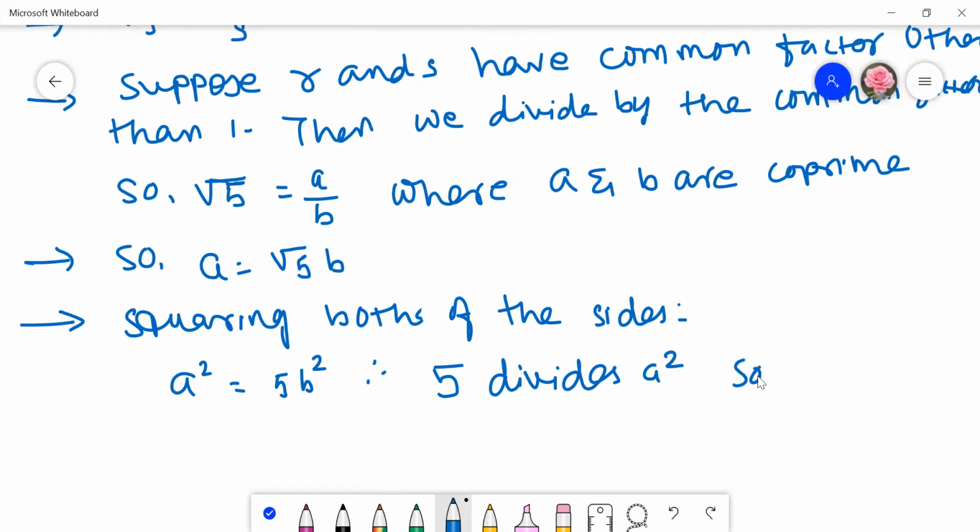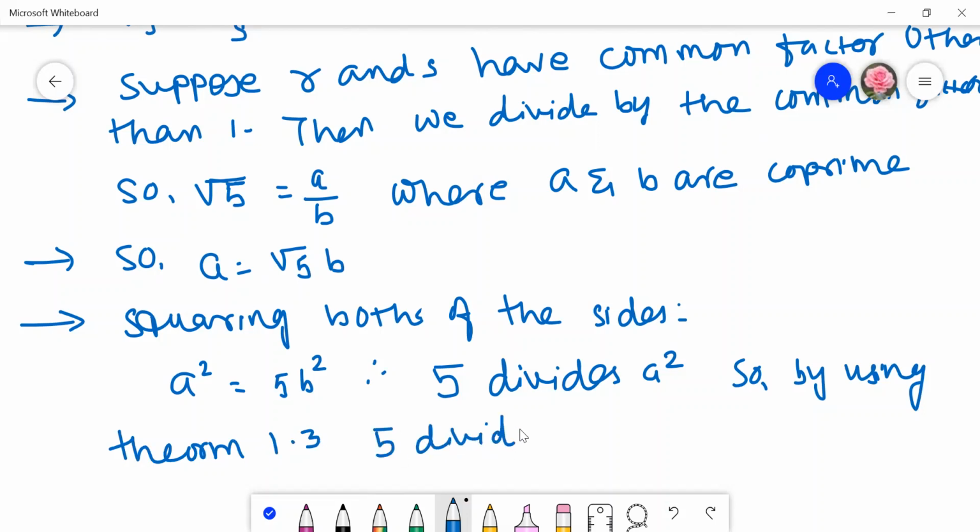So by using theorem 1.3, 5 divides a also. So we are writing here result number 1, 5 divides a also.